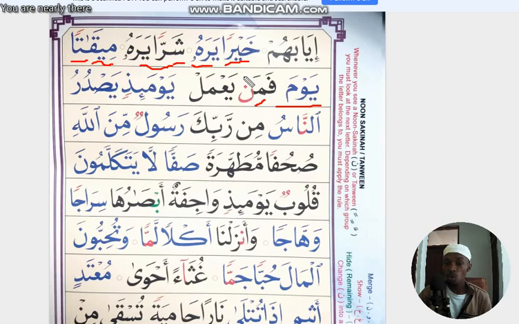When you see the noon which has no sign like this and is followed by the letters of idgham, then you hide this. So instead of saying faman ya'mal, we say faman ya. We merge this noon into the ya. So the ya will be heard with shadda, faman ya.